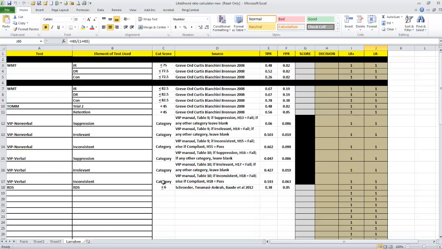Here I don't have some cut scores, and I just use this as an example of a multi-category test. Then I have two different sets of cut scores for the word memory test here, and a couple of cut scores for the TOM, and then I talk a little bit about reliable digit span. I just want to go through this with you.